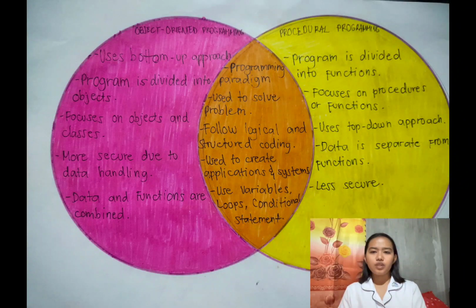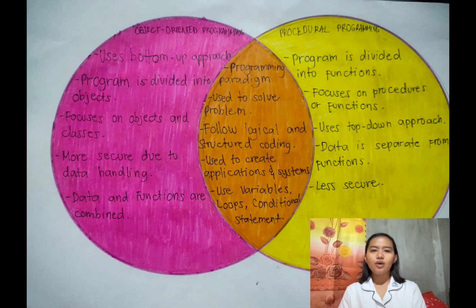Instead of starting with the main problem, the program is built by creating objects first and then combining them to form a complete system. It supports important concepts such as encapsulation, inheritance, and abstraction. These concepts help you to protect the data, reuse code, and make the program more organized and easier to maintain.